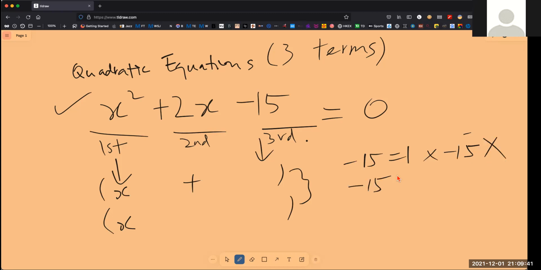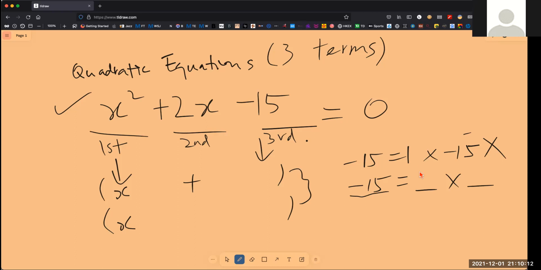So what is the other combination you can test? 5, 10, 15, I don't think it's possible. Can you tell me which two numbers multiplied together can get you minus 15? You have tried 1 and negative 15. Can you give me another combination?